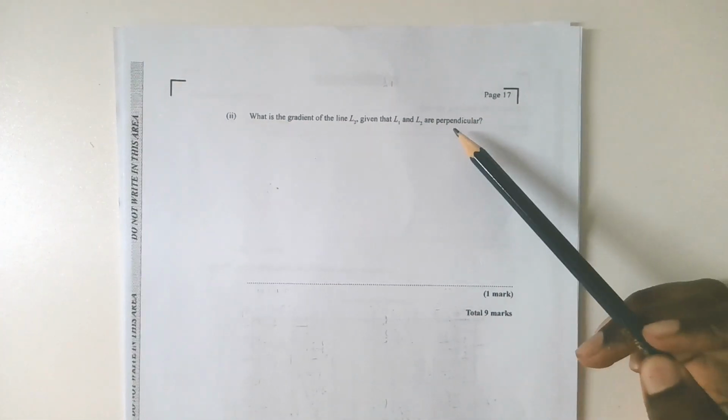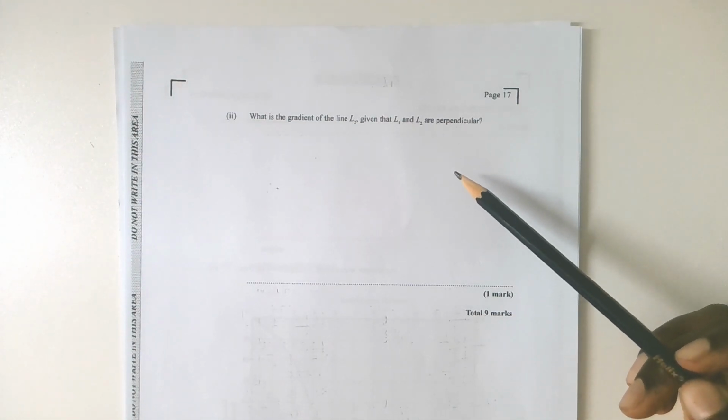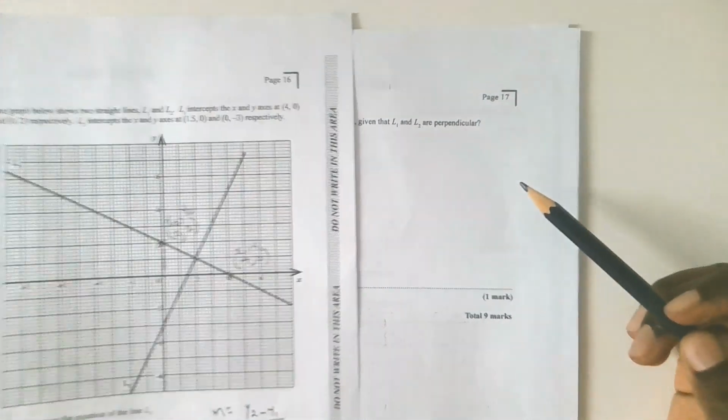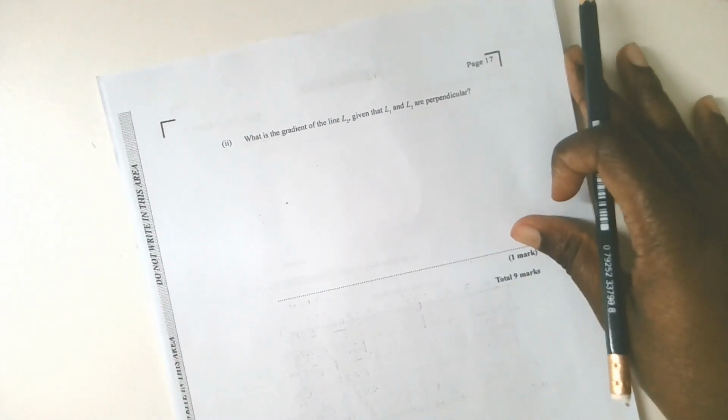Our next question asks, what is the gradient of line L2 given that L1 and L2 are perpendicular? Our lines L1 and L2 are perpendicular, and from what we know, the product of the gradients of perpendicular lines is equal to -1.